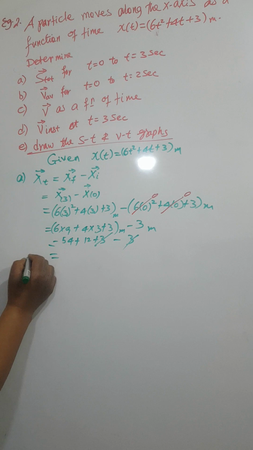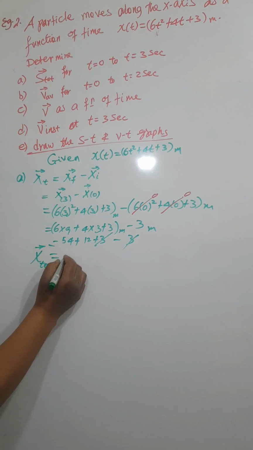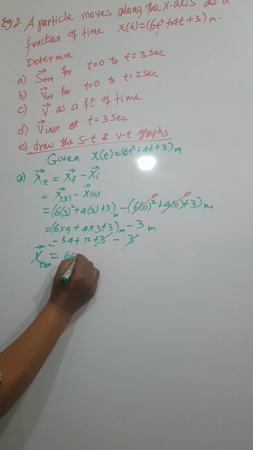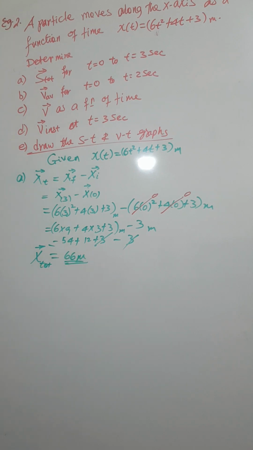This is equal to x total is 66 meter. The displacement for the time interval of 0 to 3 seconds is 66 meter.